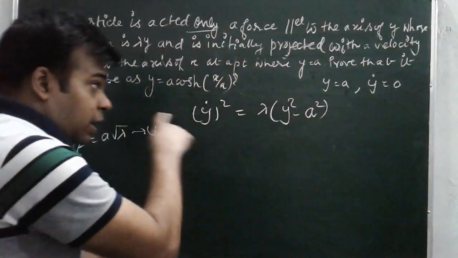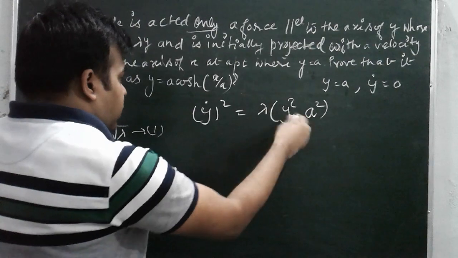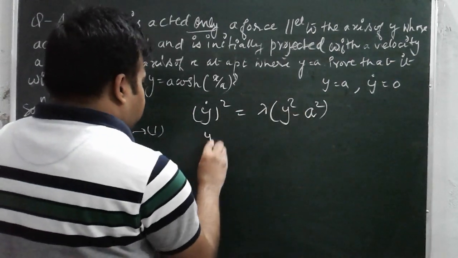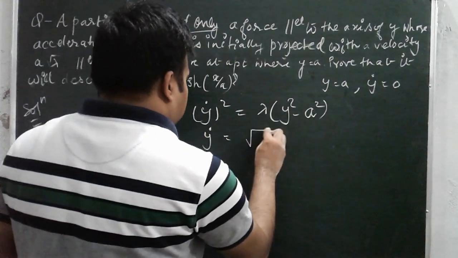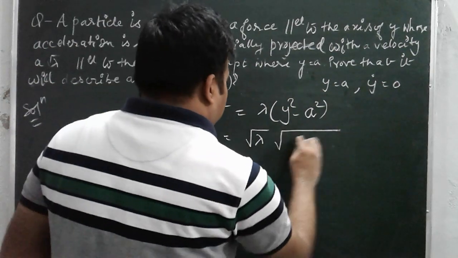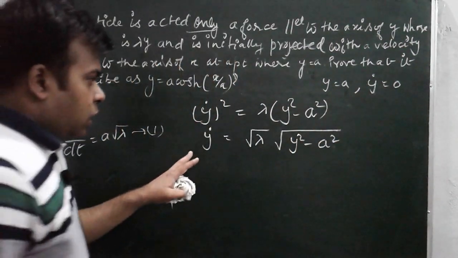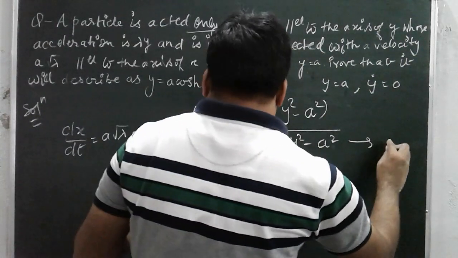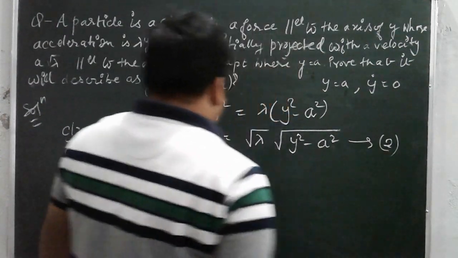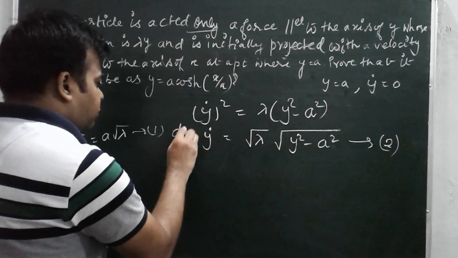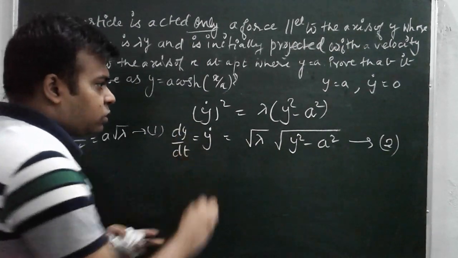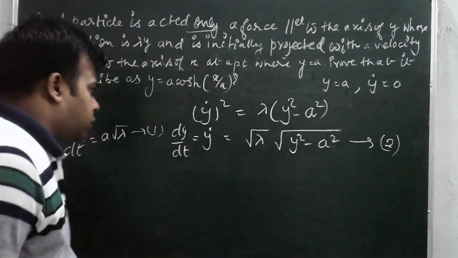Now if we take the square root here, we get y dot equals under root lambda times under root y square minus a square. This is our second equation, where y dot can be written as dy upon dt.